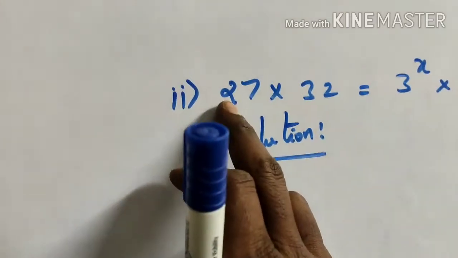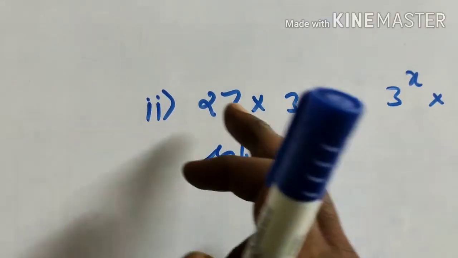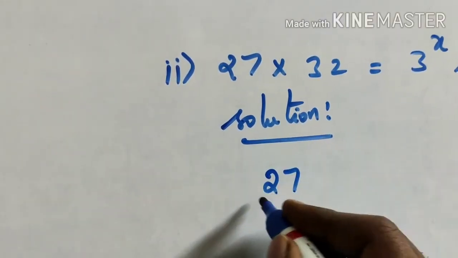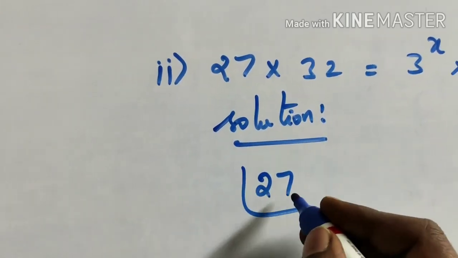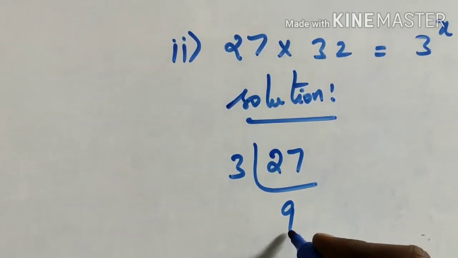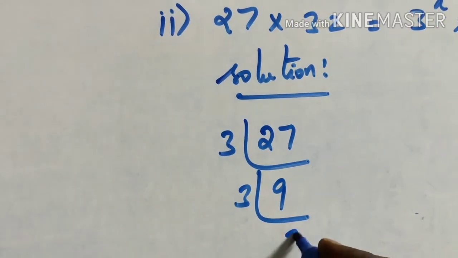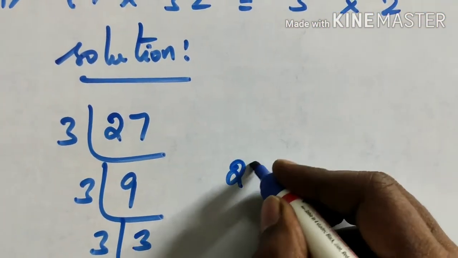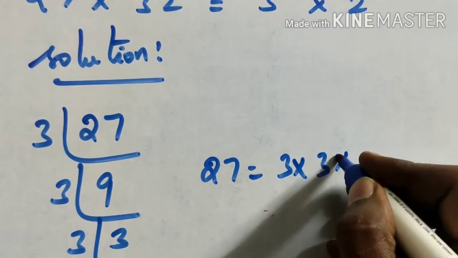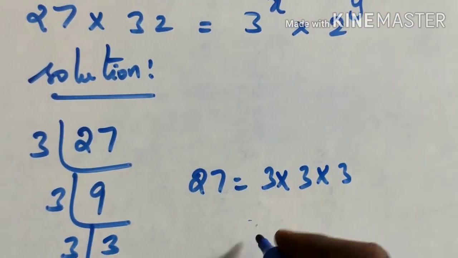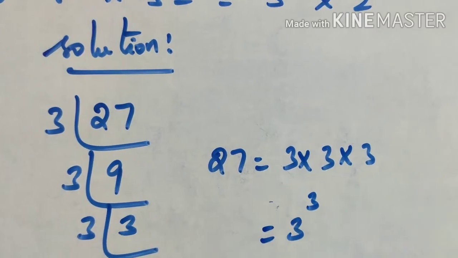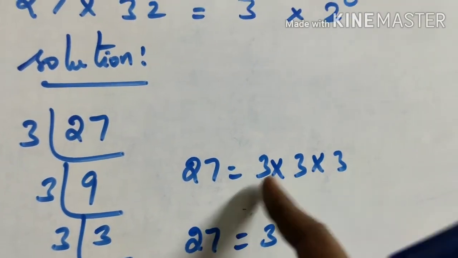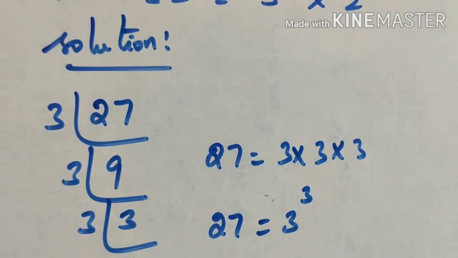Now you have to find the exponential form for 27 and 32. First, let us find for 27. 27 can be divided by 3, 9 times. Again 3, 3 times. Again 3, 1 time. So 27 can be written as 3 into 3 into 3. This can be written as 3 power 3. 3 times. So 3 to the power of 3.